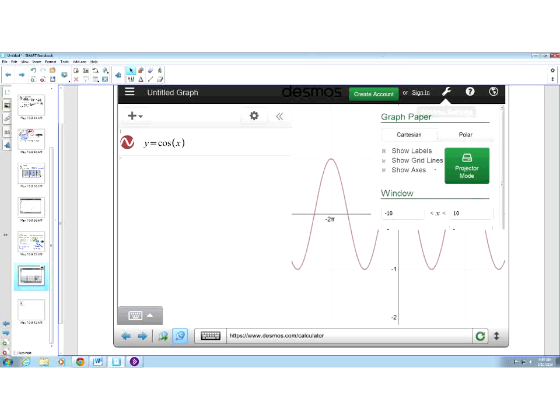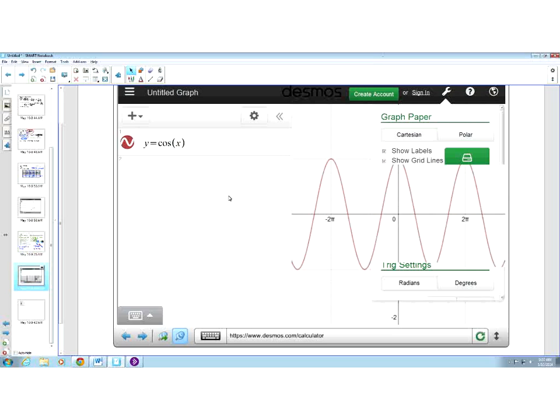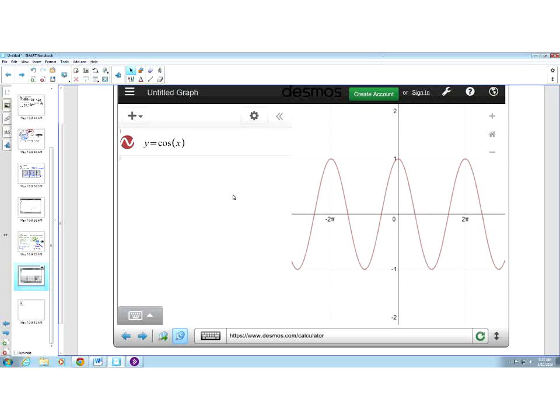Let's make it 5 because we're going to be doing some stuff here. So we'll go -5. Will it not let me? Okay, well, leave it at that then. Okay, so here we have our typical cosine function.